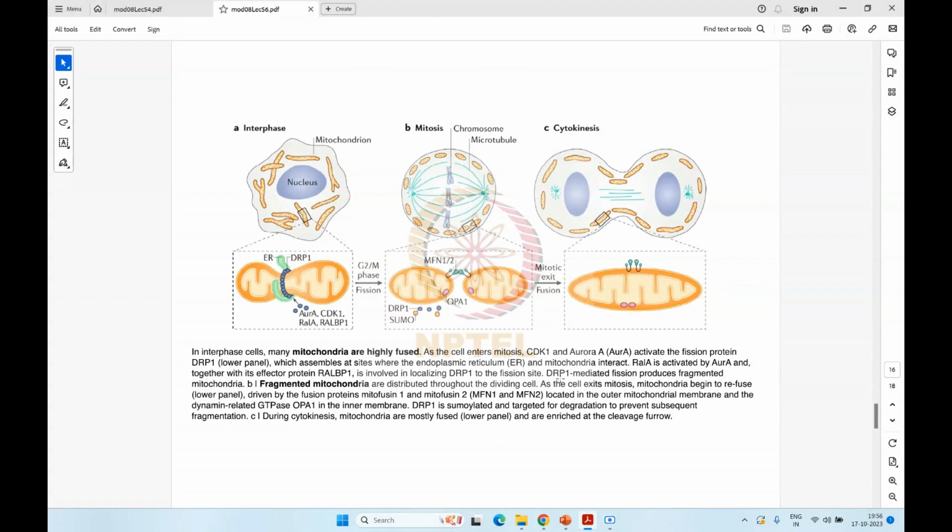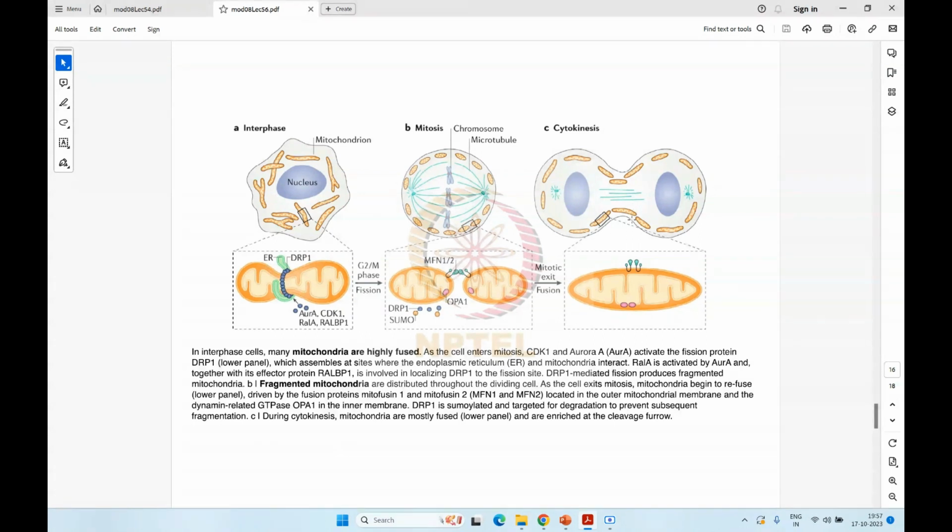CDK1 and Aurora A are kinases that activate prior to mitosis, and they dissociate the things that are holding the mitochondria together, because of which the mitochondria would then bud off.